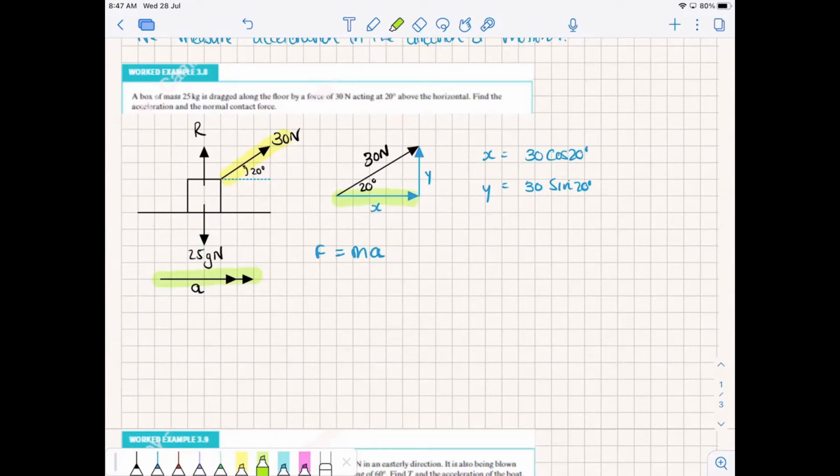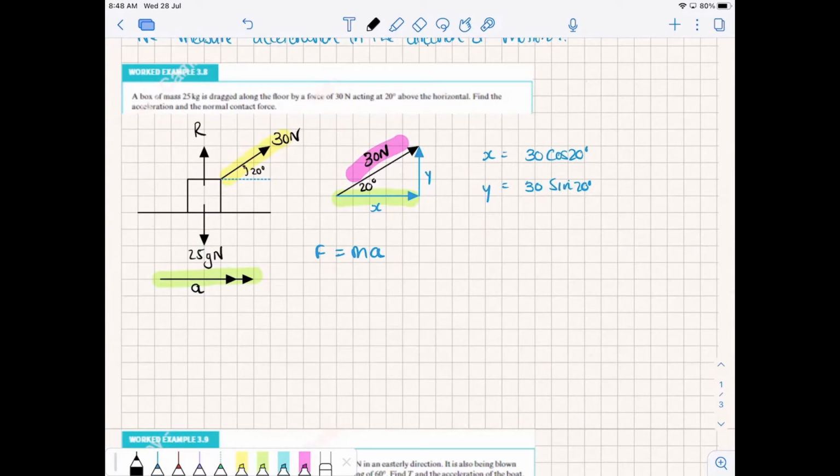Now remember, when we split forces up into their components, we basically ignore the net force of that component. We can't look at all the components. We can't make new forces. So the only force acting in the direction of acceleration is that x component of that force.